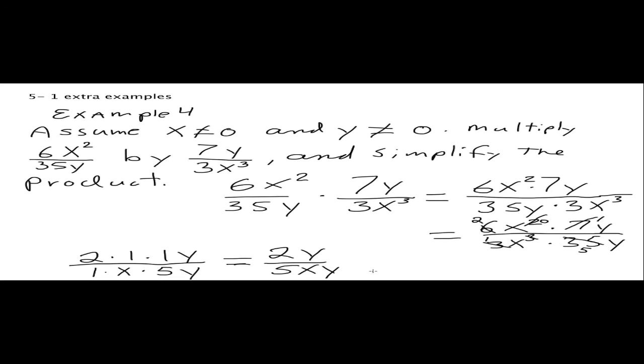I've still got a y I could cancel out here, because y over y is just 1. So that becomes a 1, that becomes a 1, and I'm left with 2 over 5x. This is my simplification of the product.